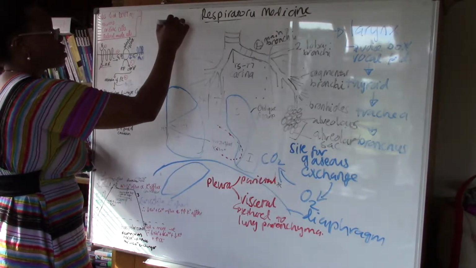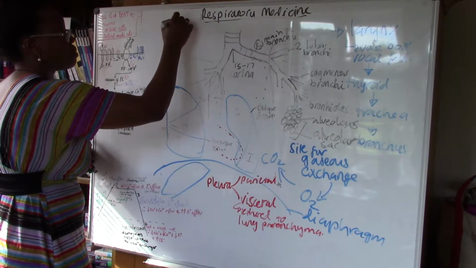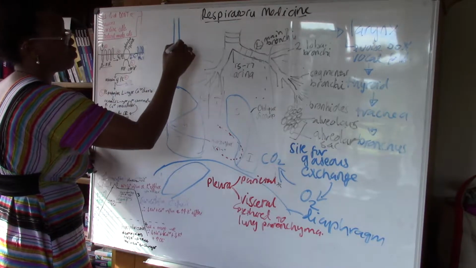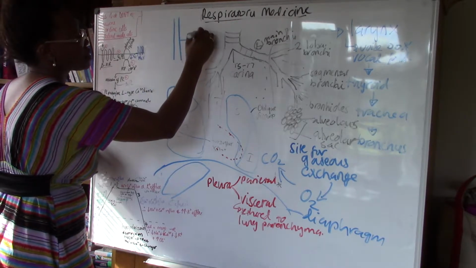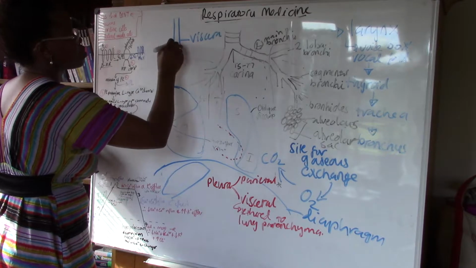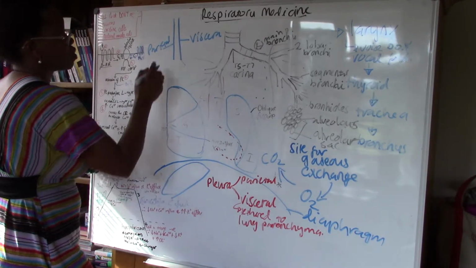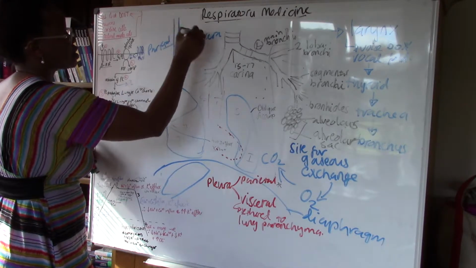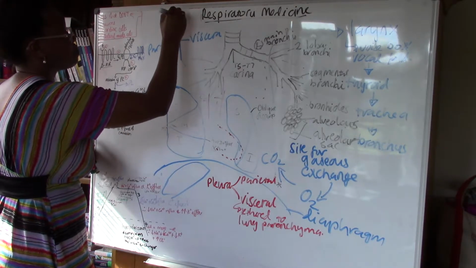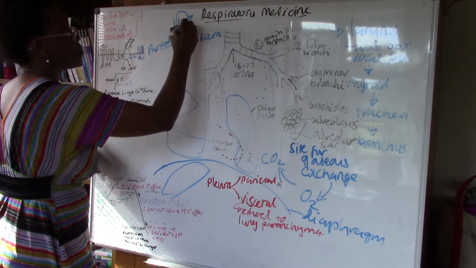So if we were to look at the pleura from a simplified point of view, this would be our visceral pleura, and this would be our parietal pleura. So in between the visceral and parietal pleura, there is a pleural space there.